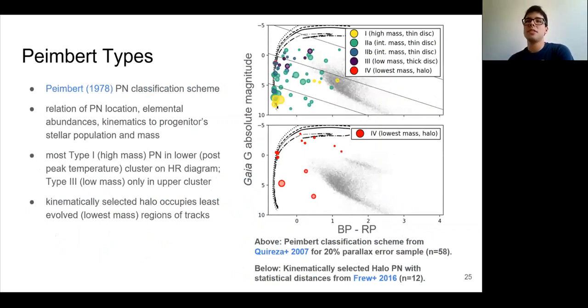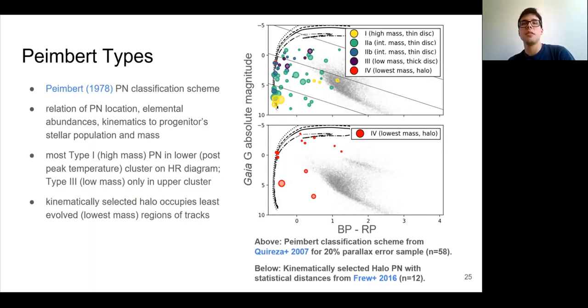Another perspective on this is to use the classification scheme of Peimbert. So not only looking at the abundances, but also at the location of the objects and their kinematics, and this is thought as well to relate to the progenitor stellar population and mass.